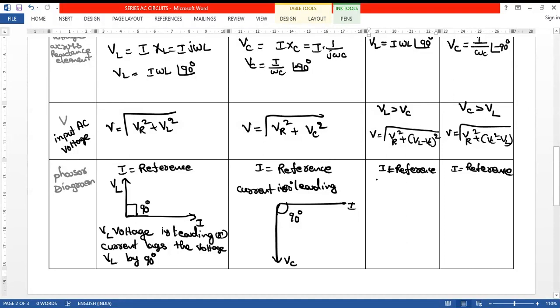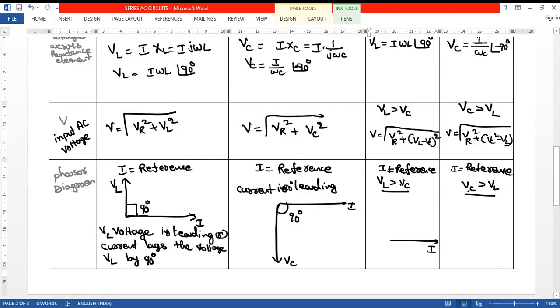Next, let us assume VL is greater than VC, and also the case VC greater than VL. For the phasor diagram, here also we are taking I as the reference.